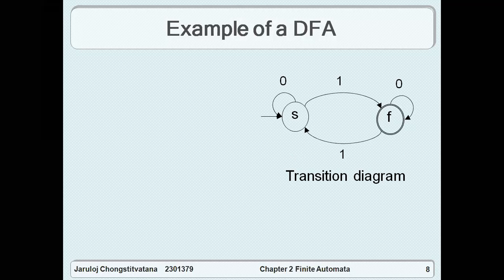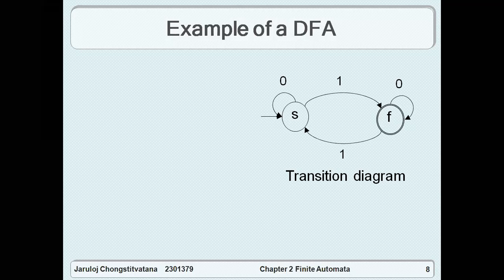Anyone? Finite automata is a mathematical model. What are the elements of finite automata? What is the mathematical representation? Capital M is equal to Q, sigma, and so on.